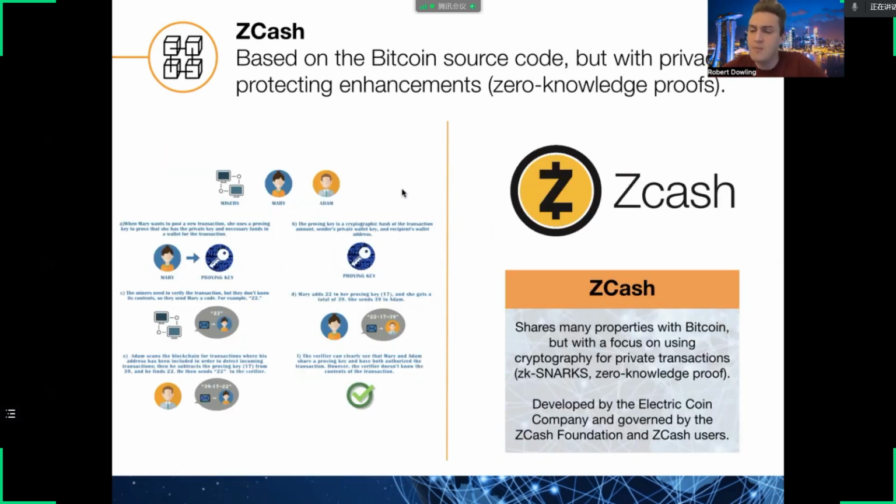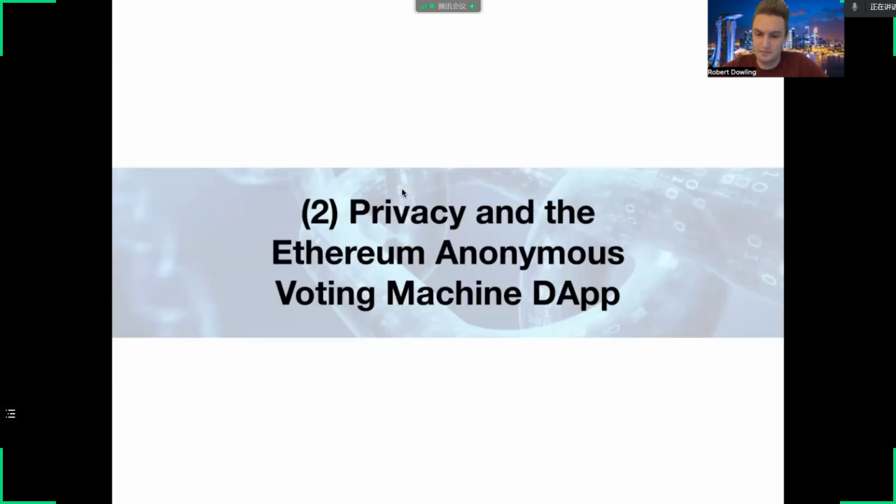So, but what I want to talk to you about is an Ethereum anonymous voting machine. So you could imagine that one of the reasons why we might want to use a blockchain is for records. And part of it is we can guarantee conditions on those records.